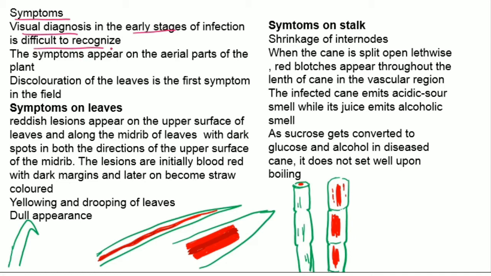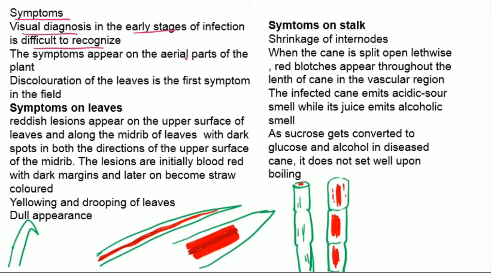It is only when external symptoms start appearing, like symptoms in the leaves or in the external portions of the stems, that at that time we can recognize it. But before that, we cannot just see a particular sugarcane plant and say whether it is a diseased plant or a normal plant, because externally everything looks very normal.